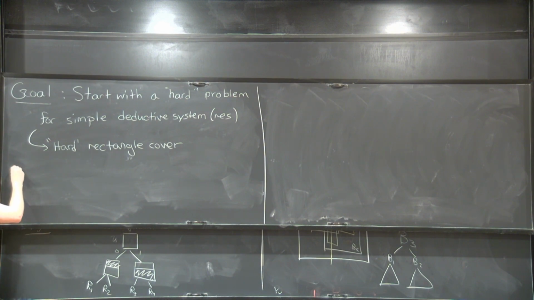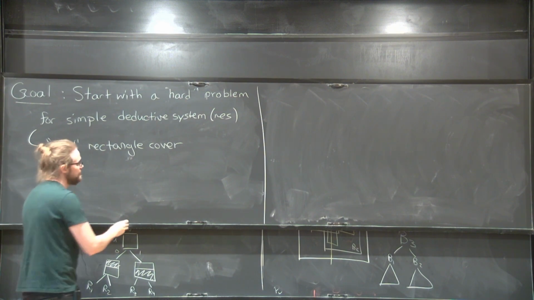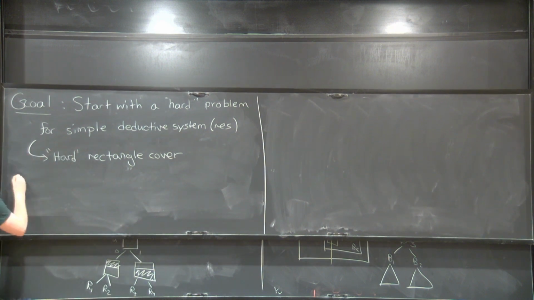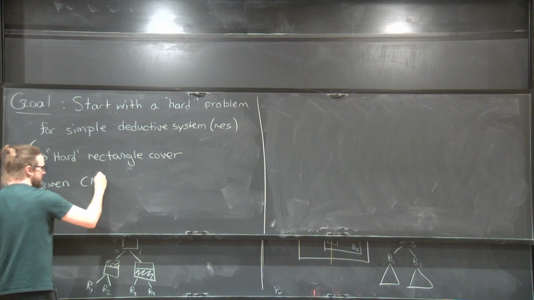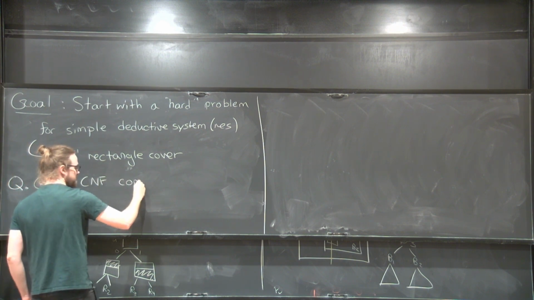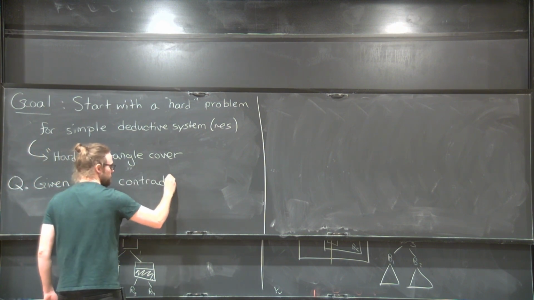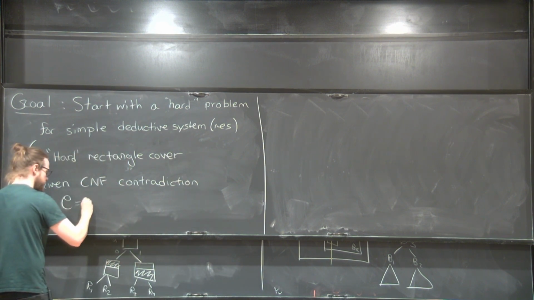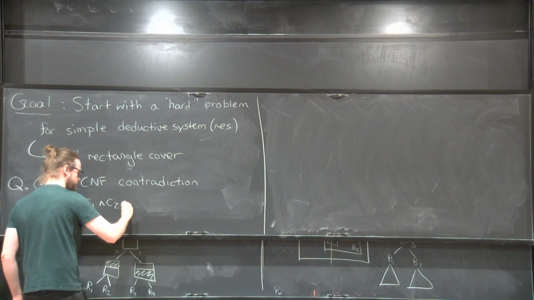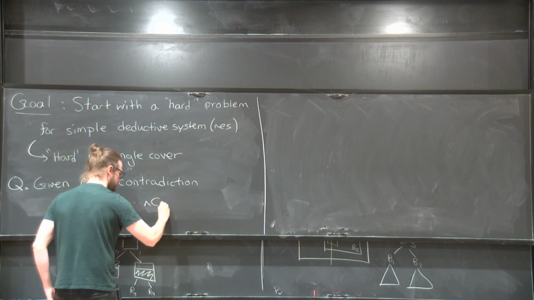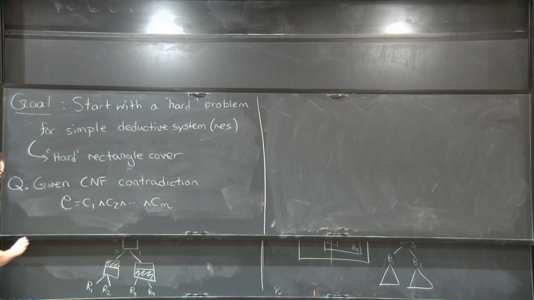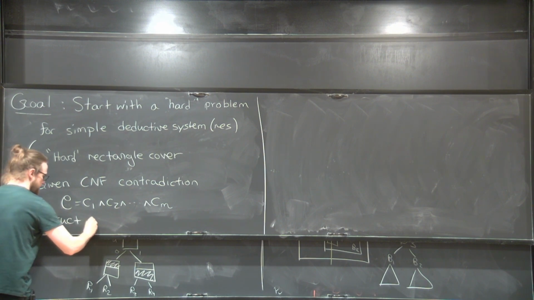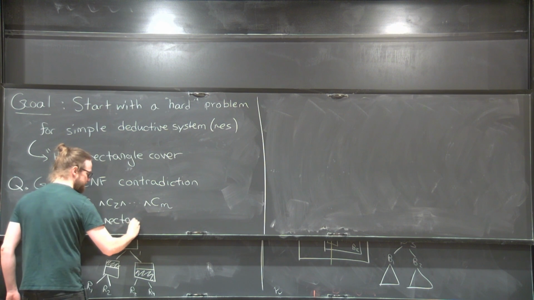That suggests a question. If we're given a CNF contradiction, how do we construct a rectangle cover from it?